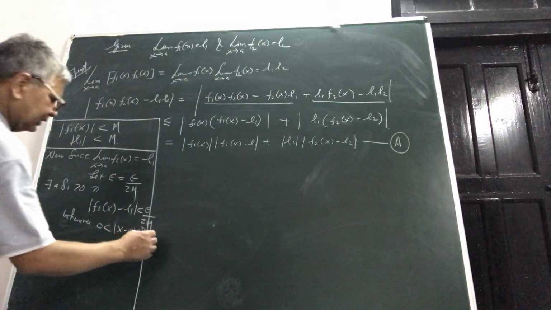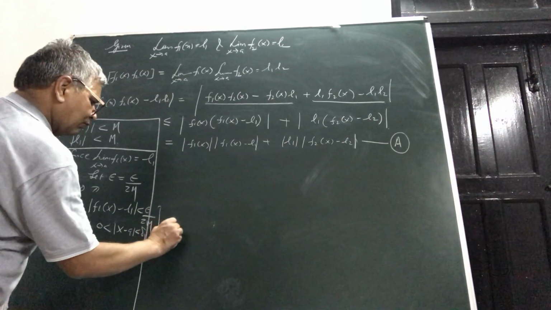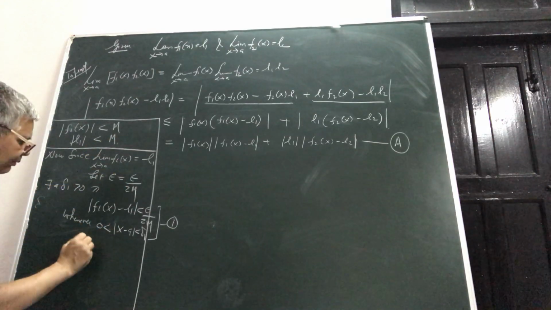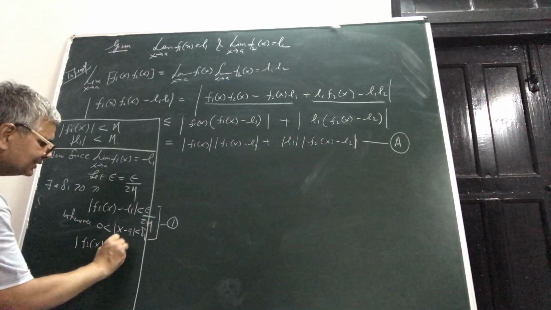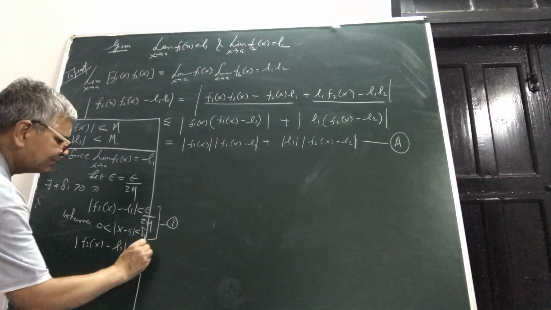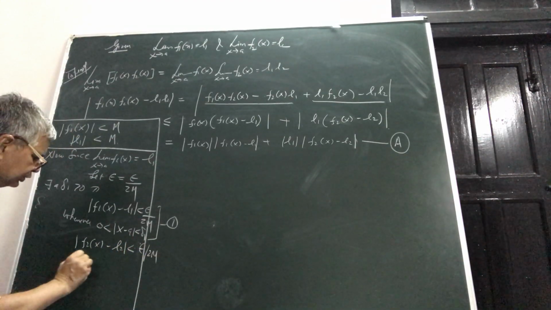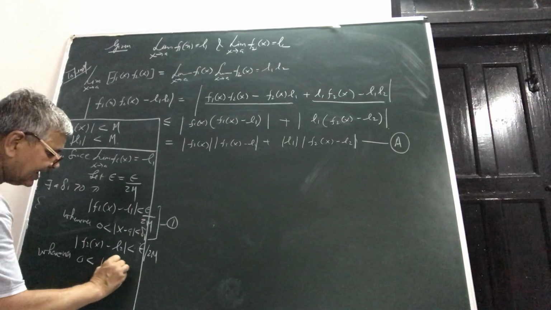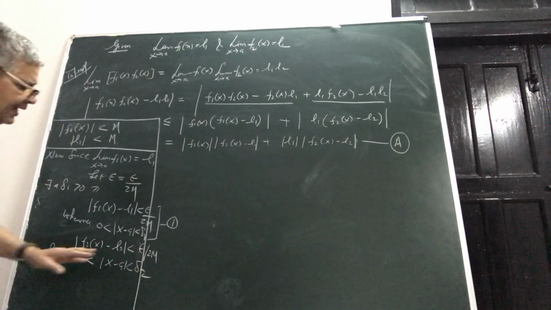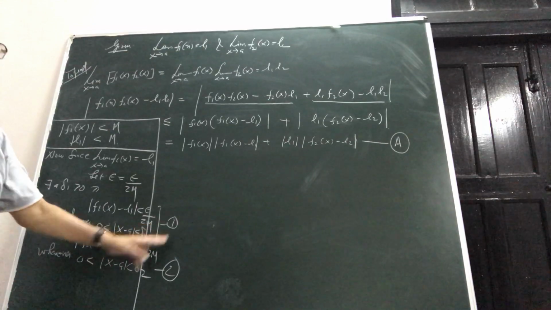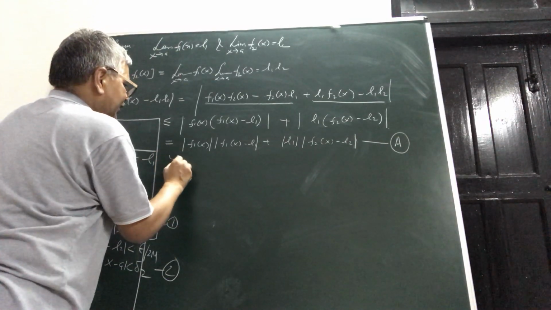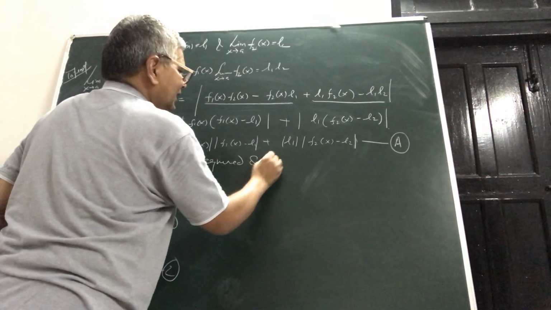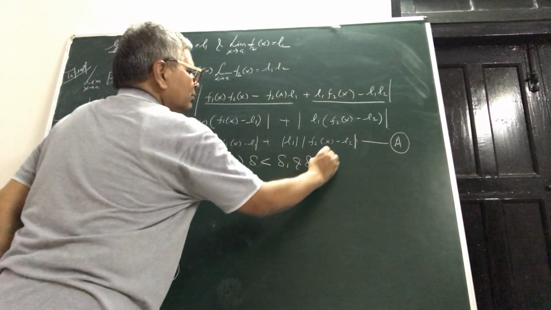So this is equation 1, and likewise we obtain another equation: mod of f2(x) minus L2 will be less than epsilon upon 2m whenever 0 is less than mod x minus a is less than delta 2, and this is our equation 2. Then our required delta should be less than delta 1 and delta 2 both.